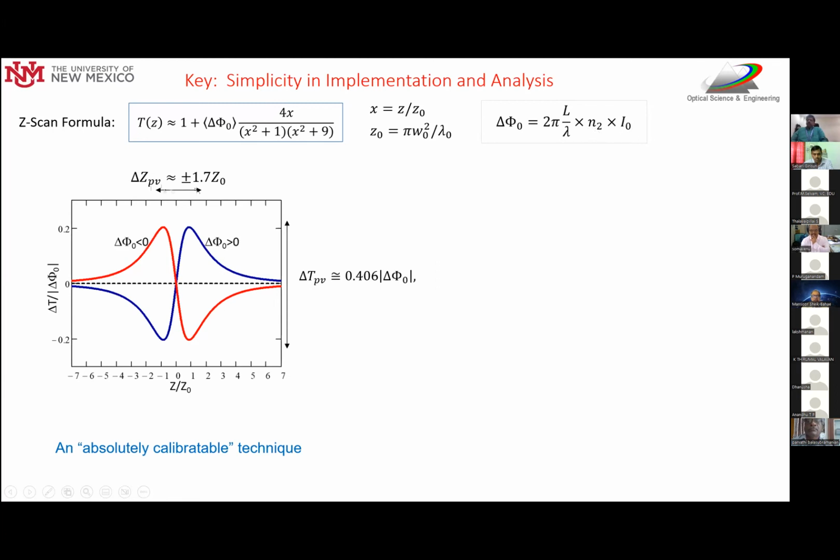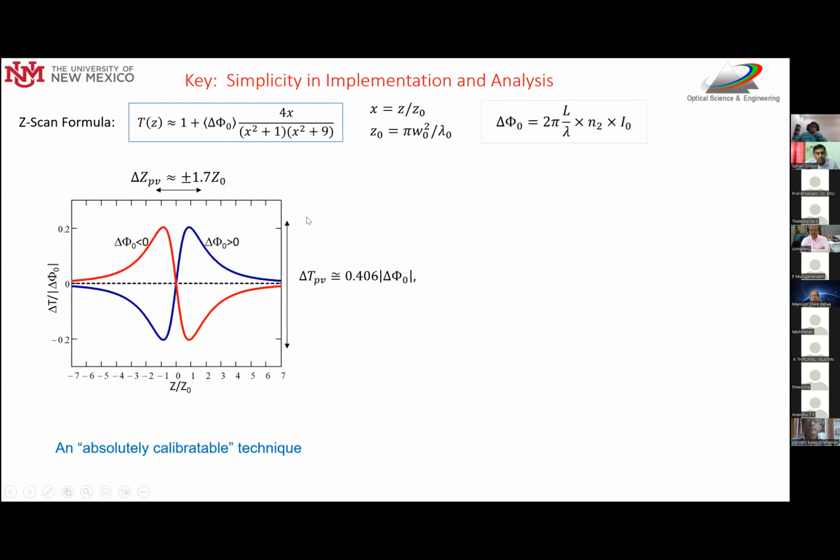And also the separation between peak and valley is roughly 1.7 times the Rayleigh range given by this. So that means this is absolutely calibratable. Even if you don't know your beam spot size, by measuring this separation you will know your Rayleigh range, then you would know your spot size.